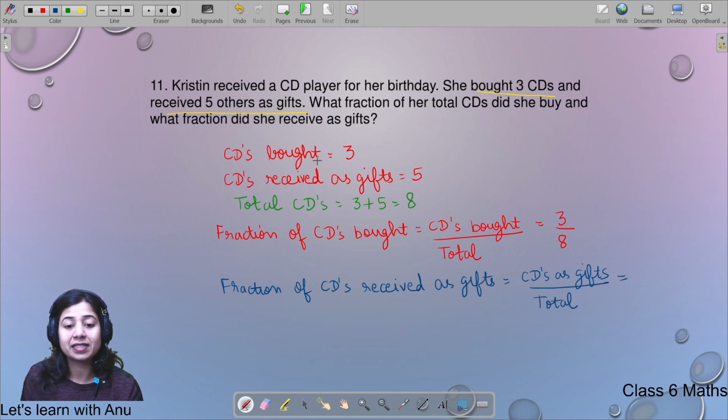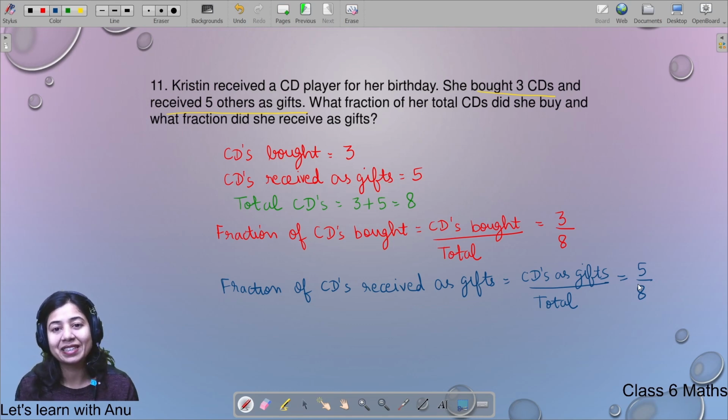So received as gifts are 5 and total are 8. So the fraction of CDs received as gifts is 5 by 8. Quite interesting, class. So I hope you all are understanding what I'm trying to explain, class.